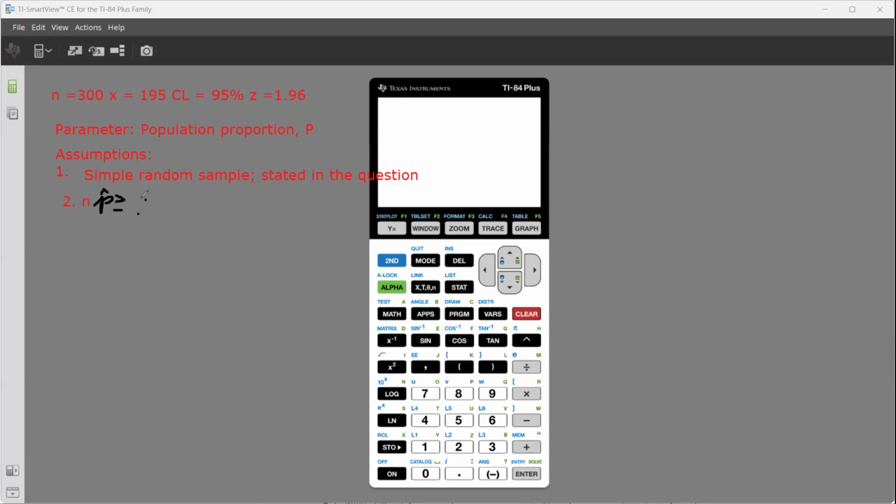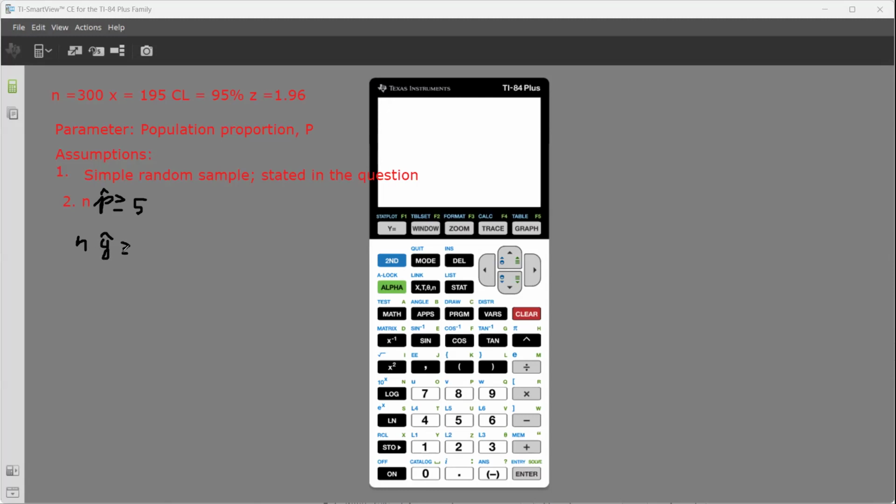And then we're going to do N times Q hat greater than or equal to 5. And she generally wants you to show these assumptions, so I'm doing it here. This is the Q hat, okay? Greater than or equal to 5.